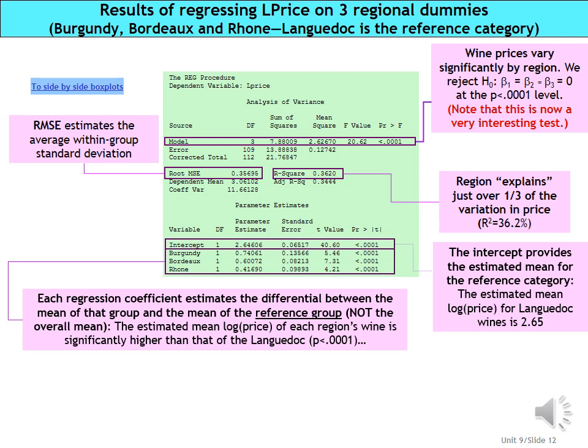Each regression coefficient estimates the differential between the mean of that group and the mean of the reference group, not the overall mean. That's the important part. So these regression estimates compare the mean of each group to the reference group, the Languedoc, to see whether they are different from the Languedoc or not.